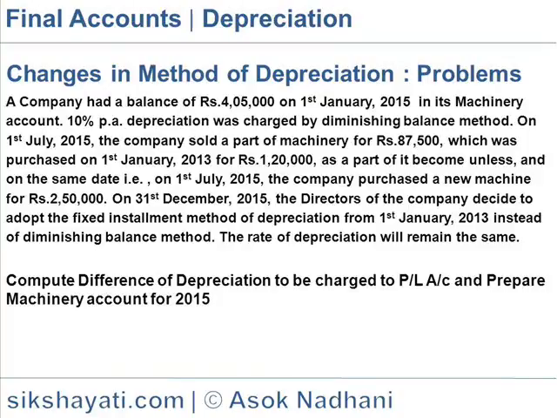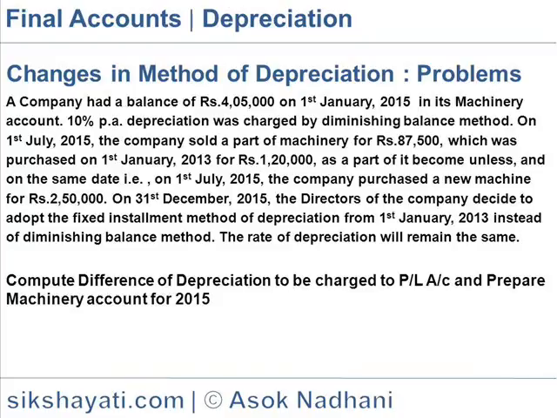Less depreciation 10% for 2014 is 10,800. So WDV as on 31st December 14 would be 1,08,000 minus 10,800, which is equal to 97,200. And again depreciation at 10% for 6 months up to 30th June 2015 is 9,720 by 2, which is equal to 4,860.